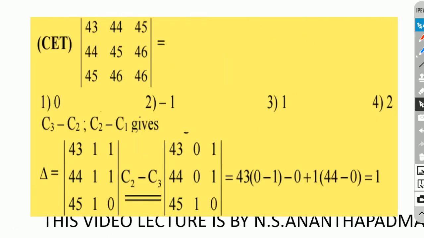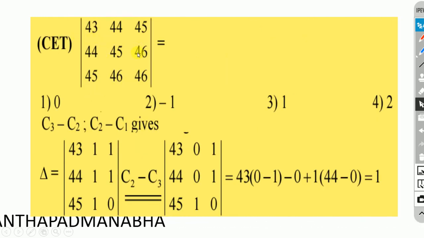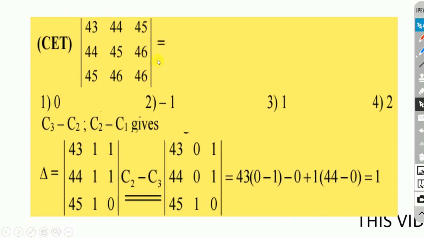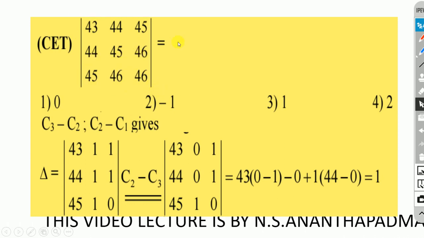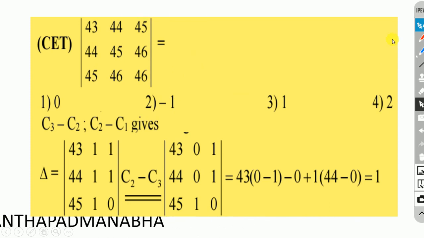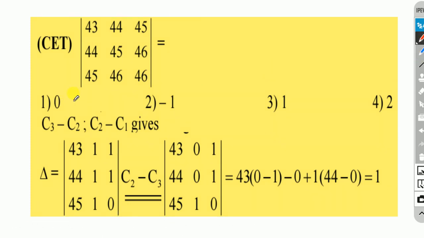Now here is another question: 43, 44, 45, 44, 45, 46, 45, 46, 46. I have to find the value of this determinant. Let me take C3 as C3 minus C2 and C2 as C2 minus C1. Column 1 has no change: 43, 44, 45.